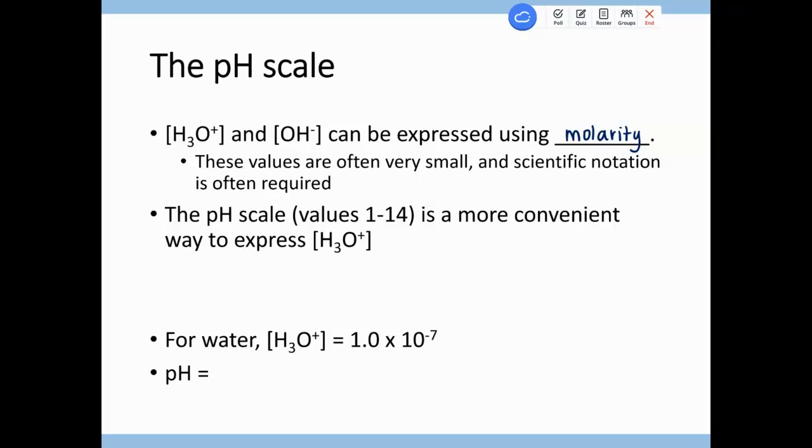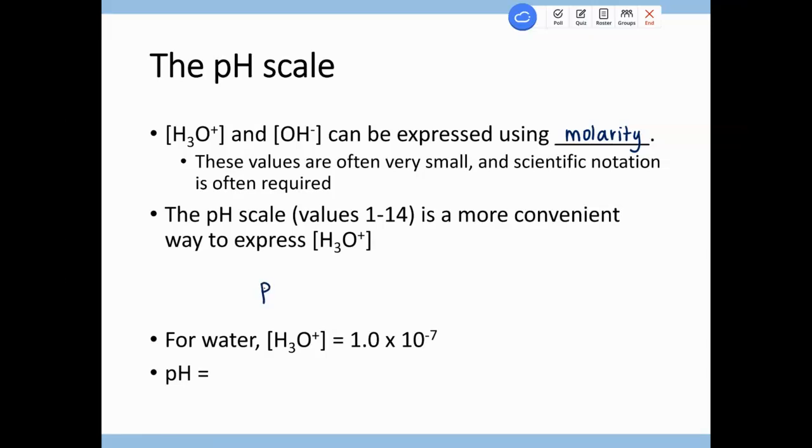So we have very, very small concentration values. So instead of using those really small concentration values, we use the pH scale, which has values between 1 and 14, often with just a few decimal places, but it's a much easier way of comparing acidity or basicity of a solution.